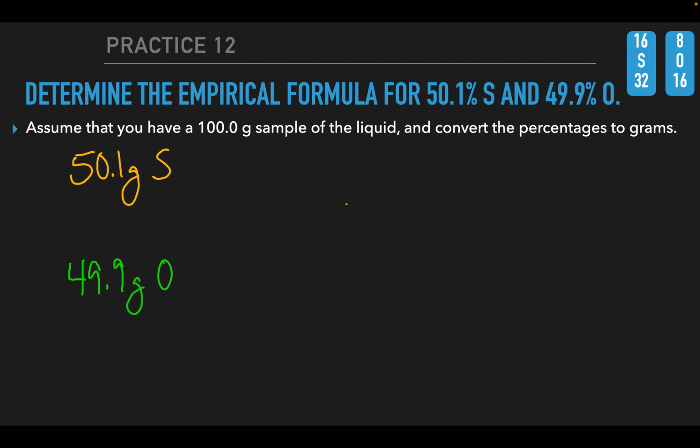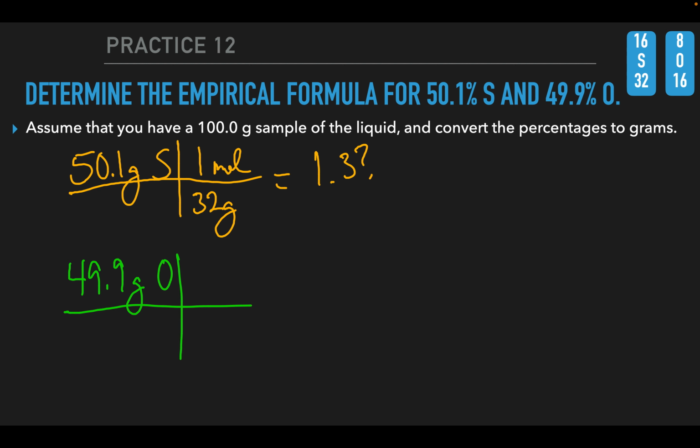For sulfur, I've got 50.1 grams of sulfur. Each sulfur is 32 grams according to the periodic table. I'm going to say 1.3, guessing. For 49.9 grams of oxygen, oxygen is 16 grams per mole, and I'm going to go with 3.1.